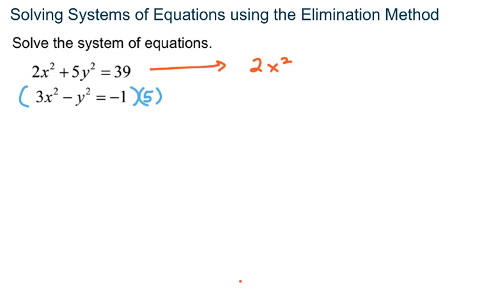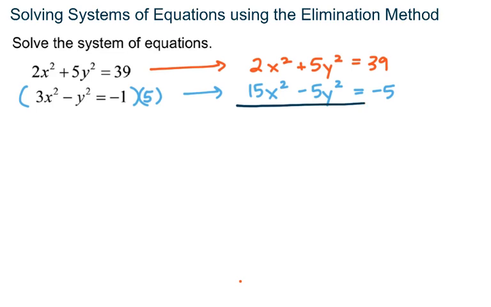I've got 2x squared plus 5y squared equals 39. And multiplying the bottom equation by +5 gives me 15x squared minus 5y squared equals -5.